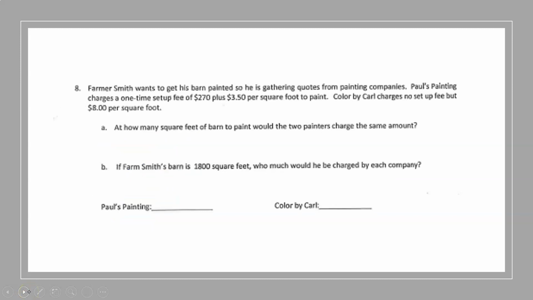Okay, let's see if we can get through this one before the time runs out. Farmer Smith wants to get his barn painted, so he is gathering quotes from painting companies. Paul's painting charges a one-time setup fee of $270 plus $350 per square foot to paint. Color by Carl charges no setup fee but $8 per square foot.